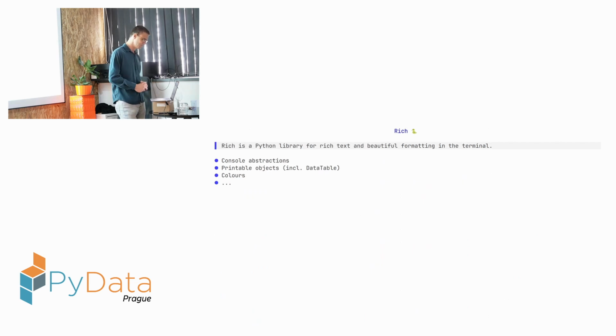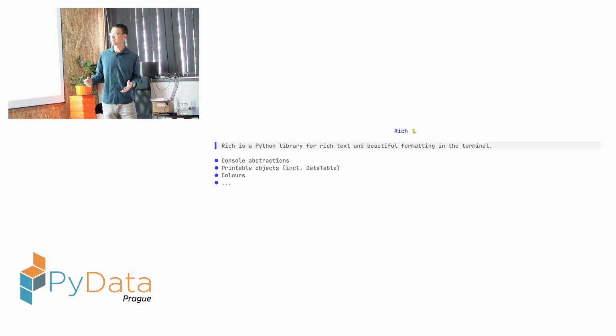But what you can also do if you want your output to be a bit prettier, you can use the rich library, which is not special for tables, but it creates some abstraction around your terminal, and it allows printing a lot of things visually nicely.